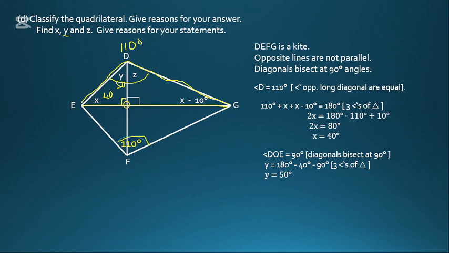So if y is 50, then z must be 110 minus that 50. Right. So we say D is equal to 110, opposite angle F. Alright. And z is equal to 110 minus 50, and z is equal to 60 degrees.